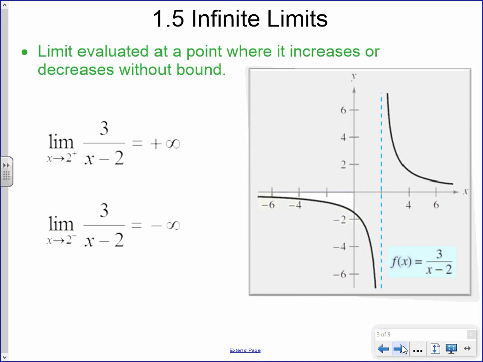If I give you a limit analytically, which means you have the equation, you don't have the graph, the only time we are going to have an infinite limit today is when we're at an asymptote. So if we can identify where we have vertical asymptotes, we can figure out where those infinite limits are.